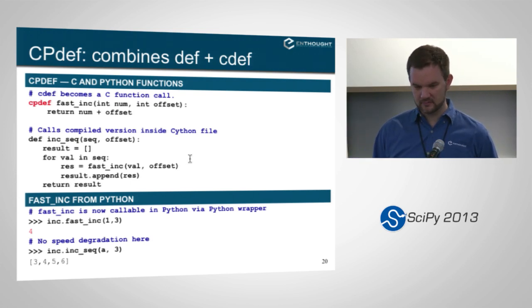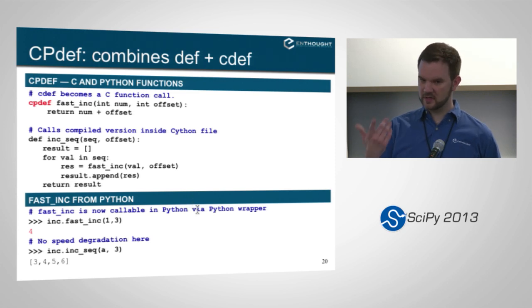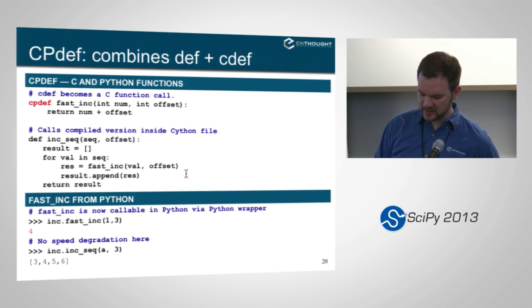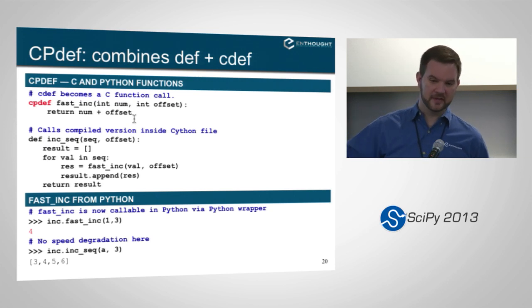The alternative would be to call a function inside that module that calls fastinc. So the question is the speed implications of calling this. It's going to be fast inside of Cython, and the only way to get to it from Python is to go through the Python layer, and that's going to have to do all those type conversions, and there's going to be Python overhead no matter what you do there.